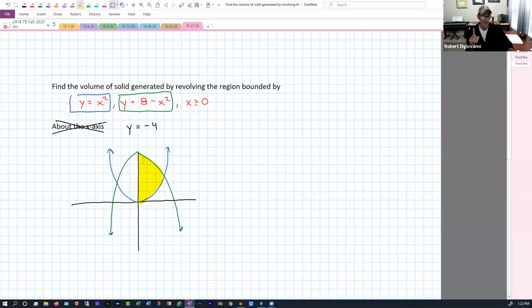And now my axis of rotation, okay, y equals -4. That's actually down here. Here's -4. My axis of rotation, I like to draw it as a dotted line. I haven't been drawing it dotted because the x-axis has been in my way. But now I'm rotating around that.